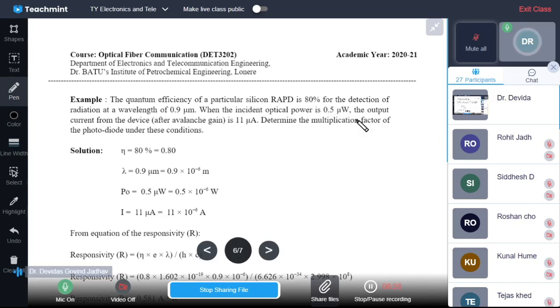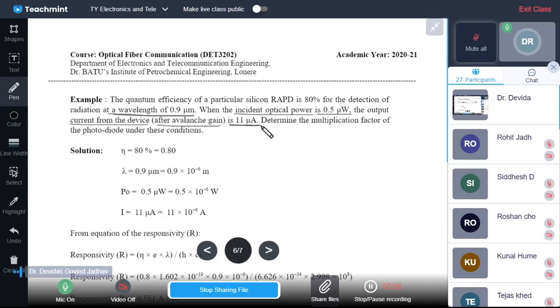For the detection of radiation at wavelength 0.9 micrometer, when the incident optical power is 0.5 microwatt, the output current from the device after avalanche gain is 11 microampere.